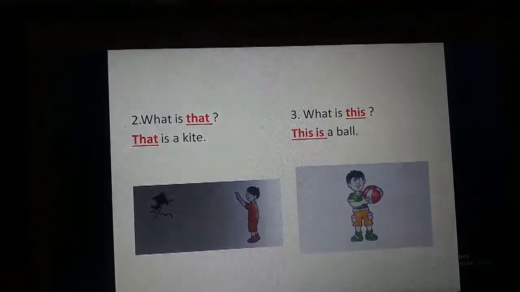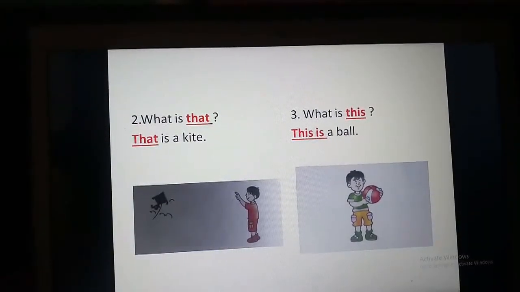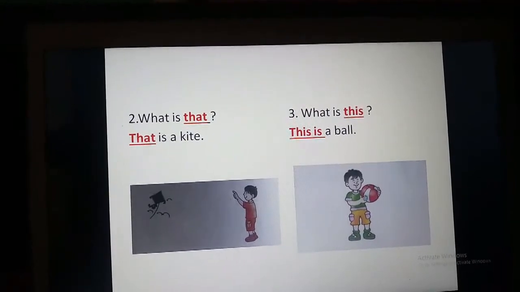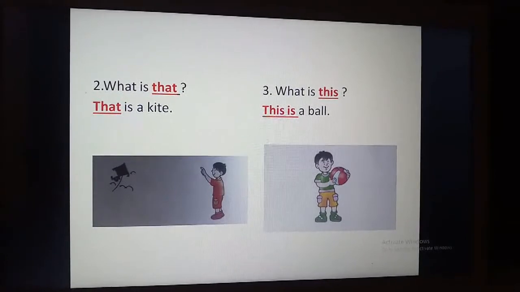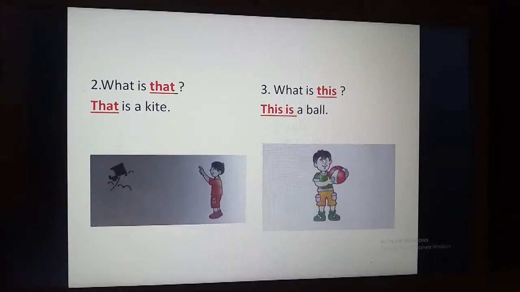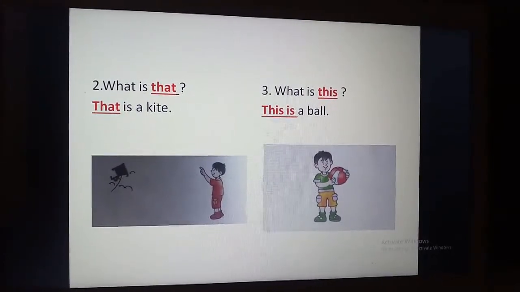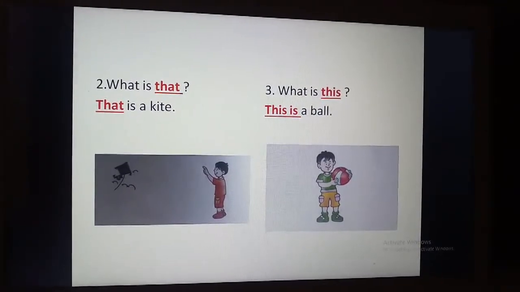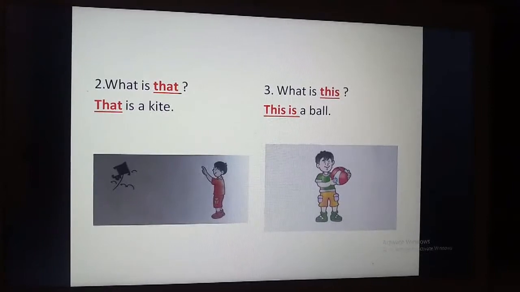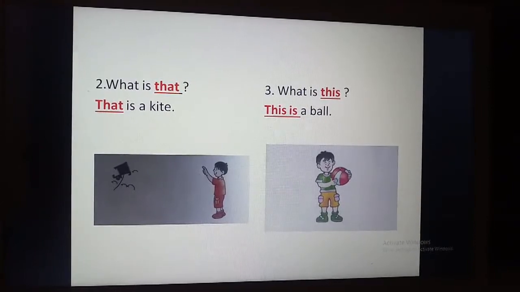So, what will come? Yes, what will come? That. Yes, so the kite is far. So we will write that. Look at the answer I have written with red color. What is that? That is a kite.